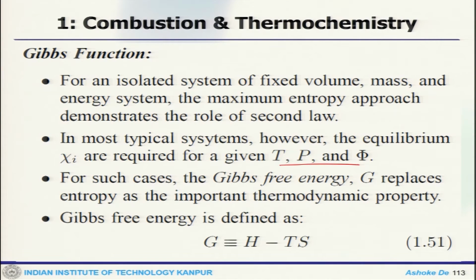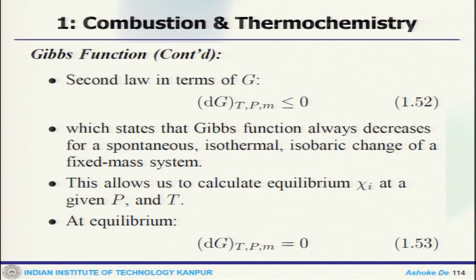Now, Gibbs free energy, which is designated as the enthalpy minus T and S, gives you an idea what happens to the reaction. In terms of the second law, the Gibbs free energy change is always less than or equal to 0, which clearly states that it always decreases spontaneously for an isothermal, isobaric change of a fixed mass system.